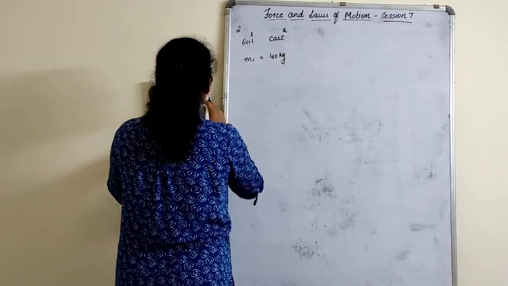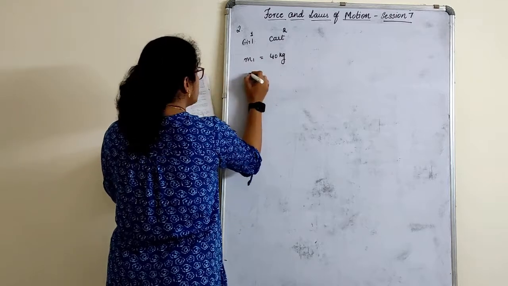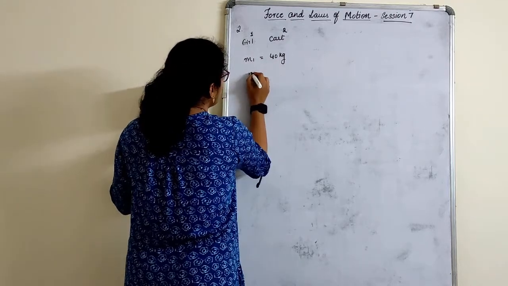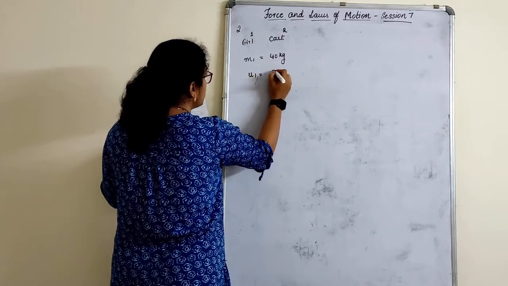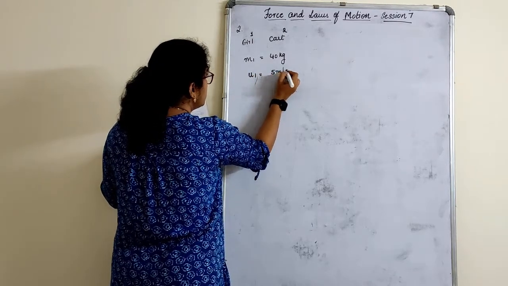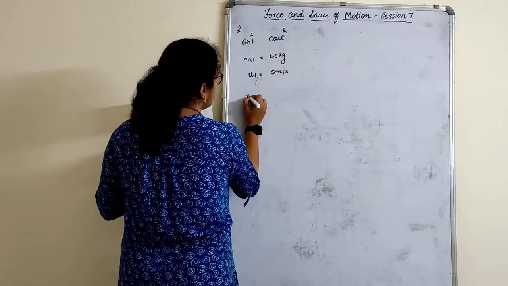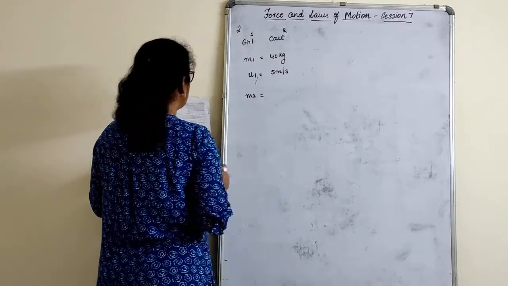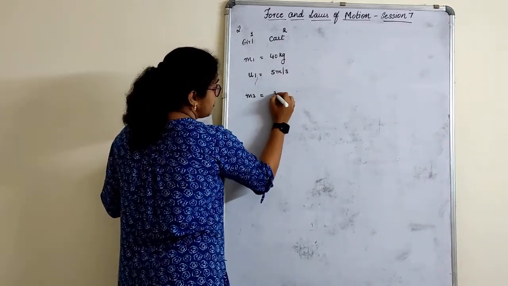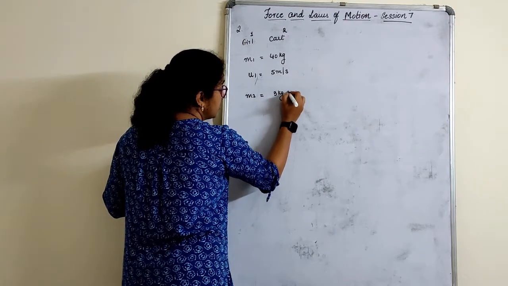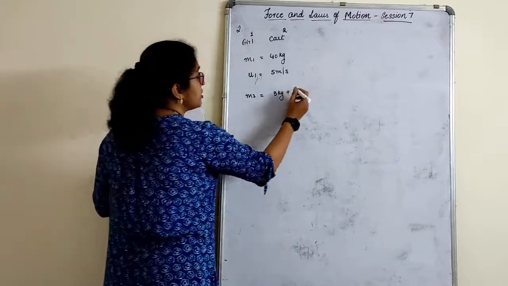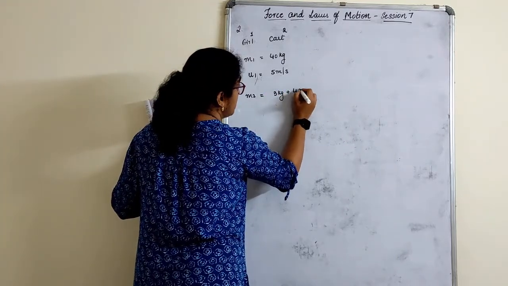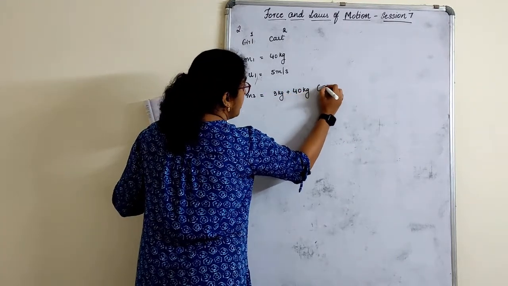Jumps with a horizontal velocity, U1 is equal to 5 meters per second. Then next, M2 is equal to, it is actually 3 kg, but actually who is jumping on the cart now? The girl is jumping on the cart. So shall I write here plus 40 kg after jumping?